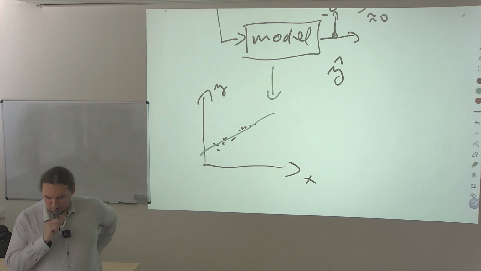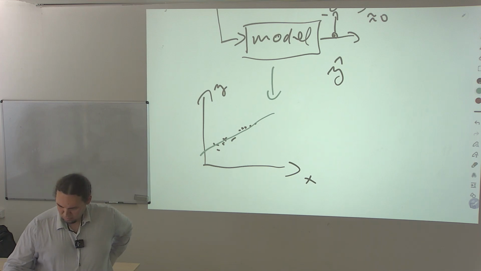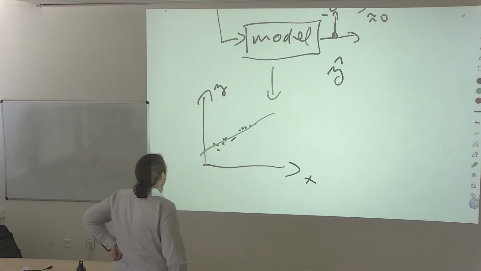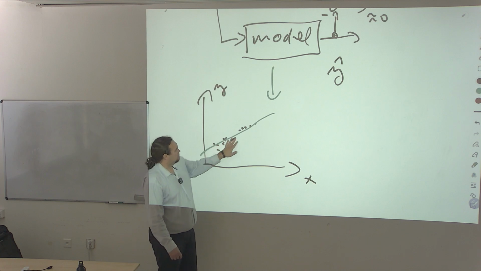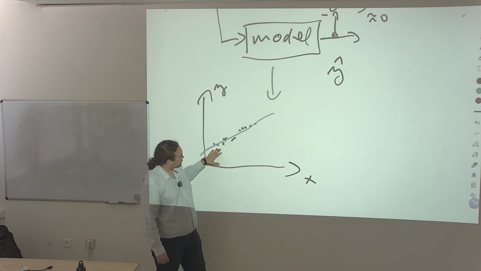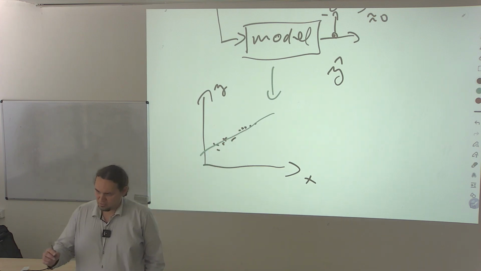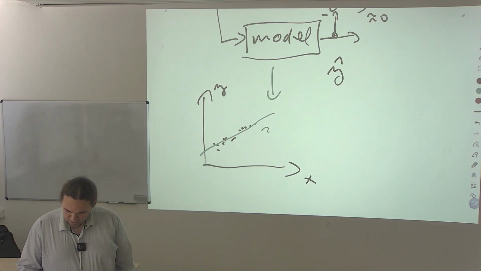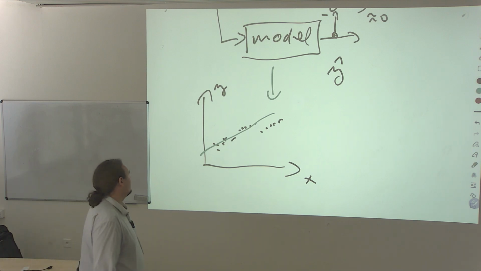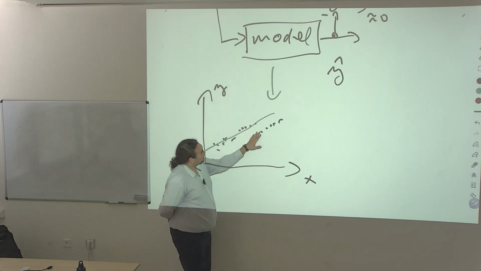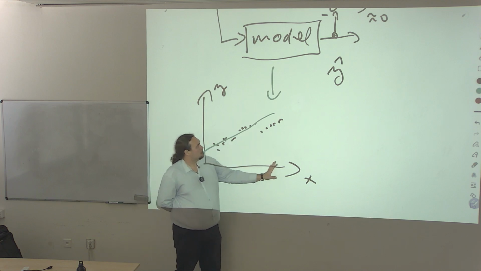And maybe there is some part of the space of our independent variables that was not explored in our training data. But in reality, maybe our plant would evolve like this. So we have something like a systematic error.